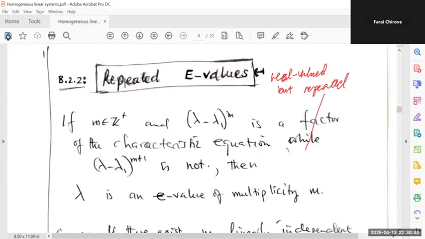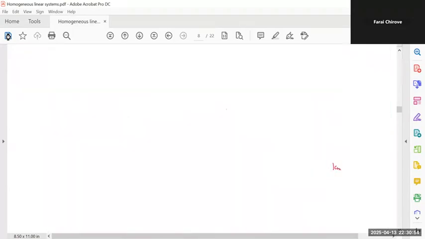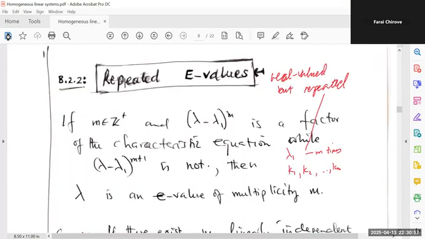One, you can still have this lambda 1 repeated m times, but then this lambda 1 gives you m linearly independent eigenvectors when you are finding the eigenvectors. Just one of them, which is repeated m times, leads to m linearly independent eigenvectors.